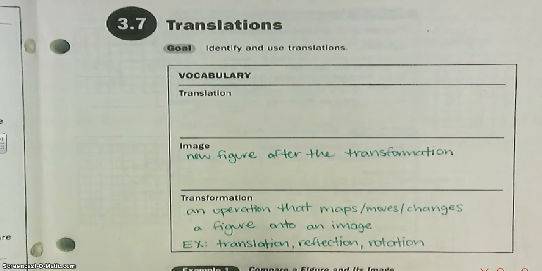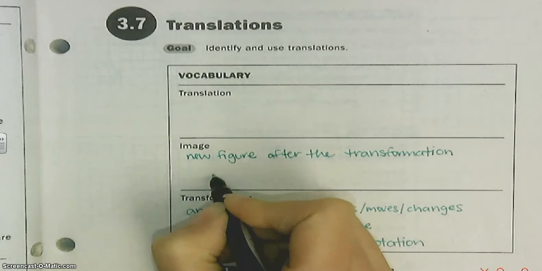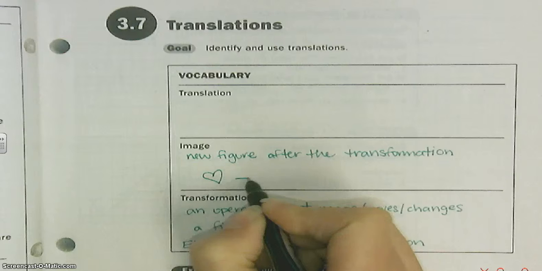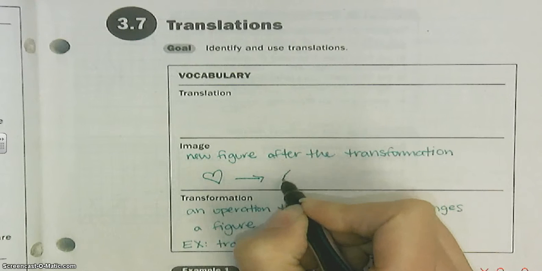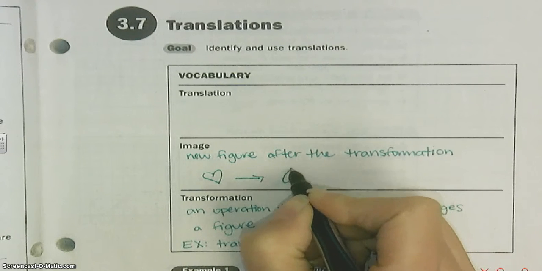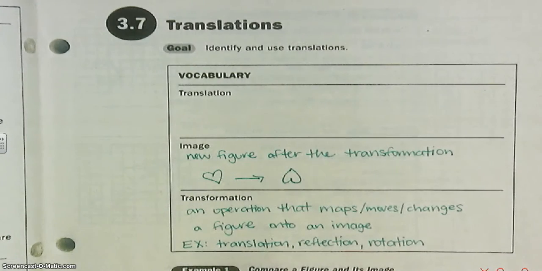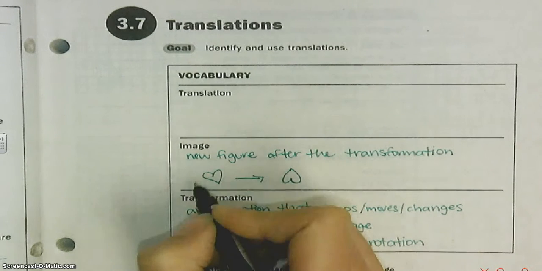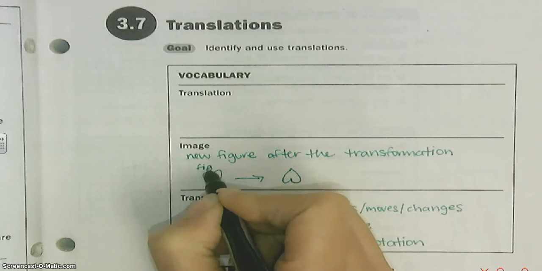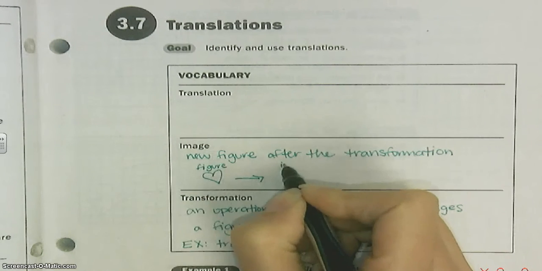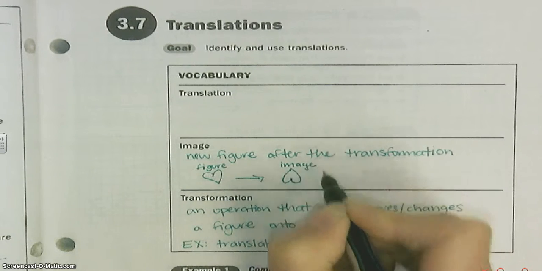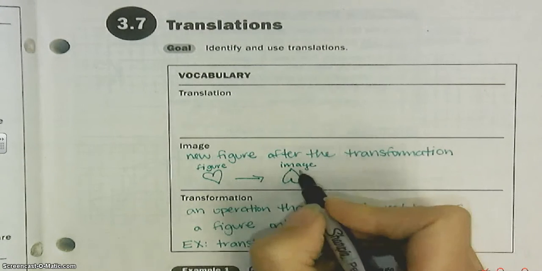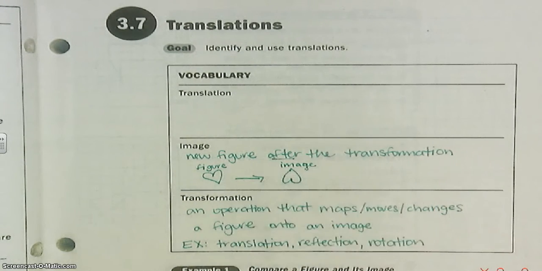So let's say that we have a heart and we rotate the heart. So now it's upside down. This is the original, this is called the figure, and this is called the image. The image is the one after the transformation.